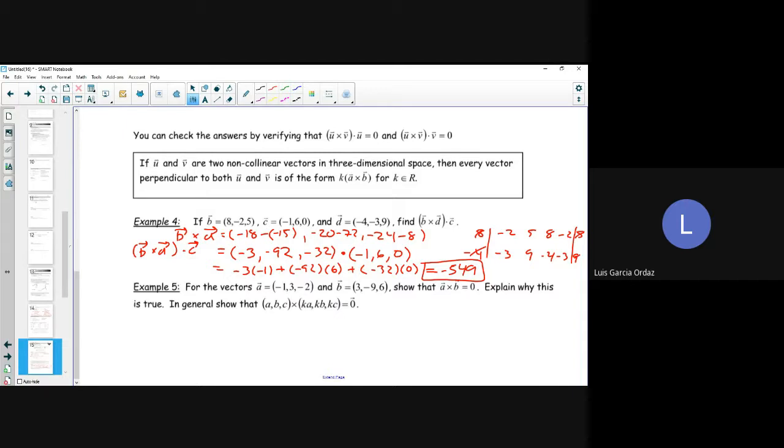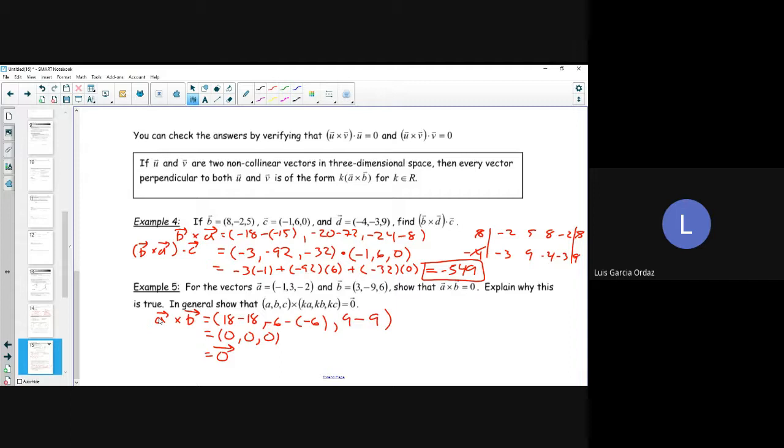So if you take my a cross product b, we are going to get 18 minus 18 times -6 minus -6 times 9 minus 9. Which gives me 0, 0, 0, which gives me the 0 vector.